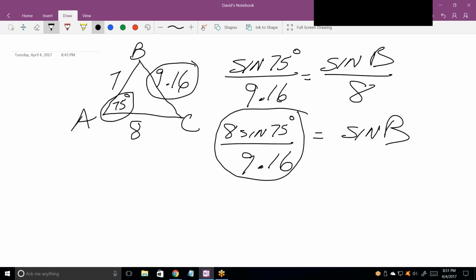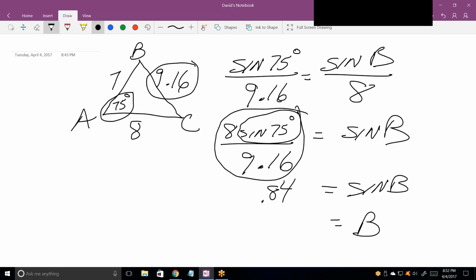Let's first of all figure out what the sine of B is. Sine of 75 degrees is close to 1. So what's 8 times the sine of 75 degrees divided by 9.16? It's 0.84. Okay. Now you can figure out B.